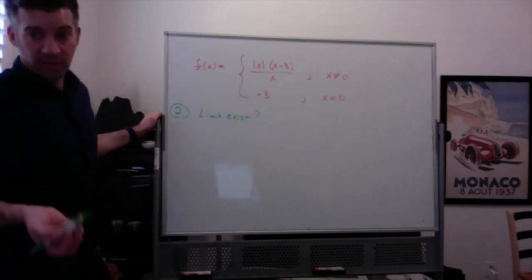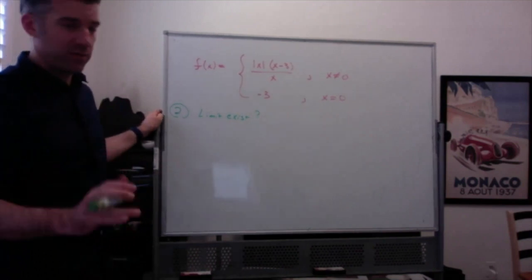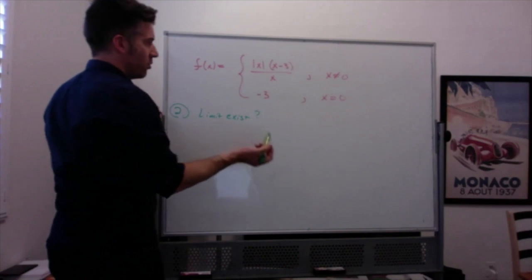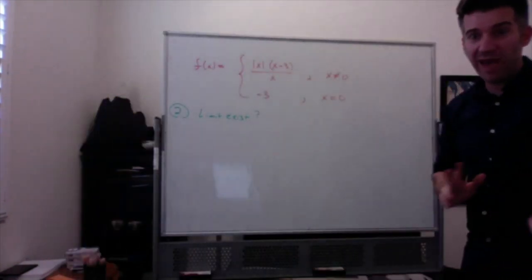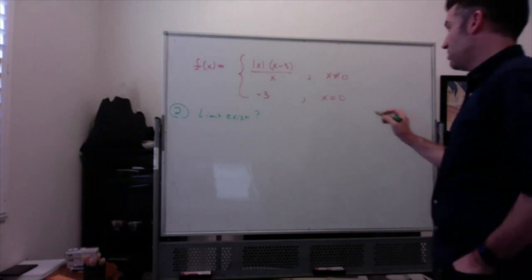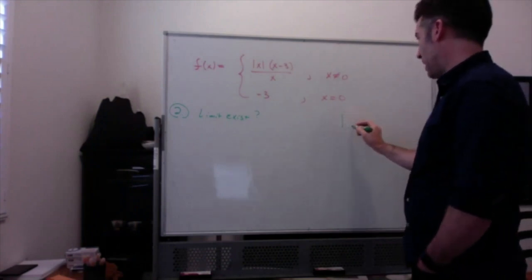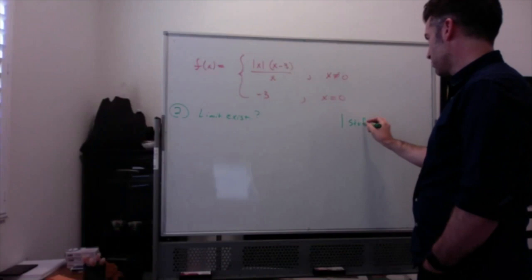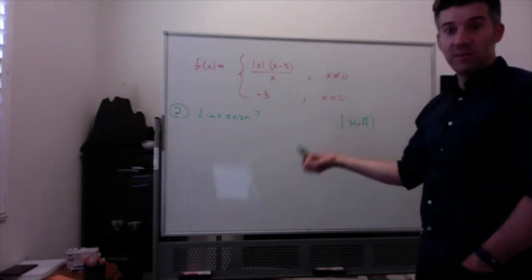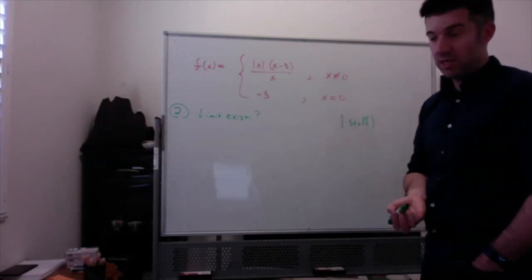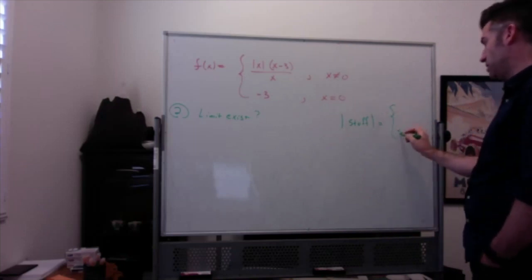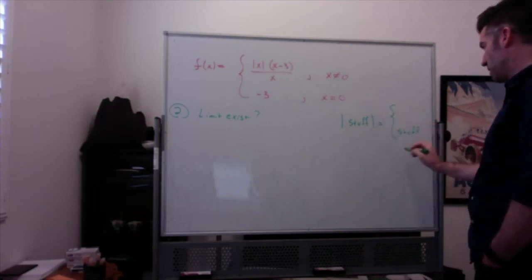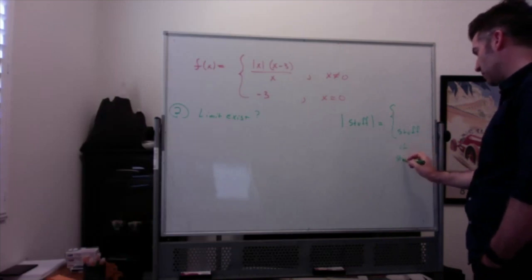So I'm going to look at the limit from the left and from the right. And here's the important thing. Whenever you have an absolute value, it can be absolute value of x, it can be absolute value of anything. Here's the stuff you have to know. An absolute value function is always a piecewise function in disguise. The absolute value of some stuff is equal to just that stuff if the stuff is positive.